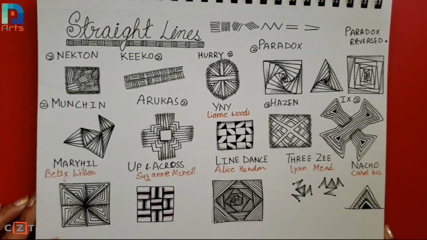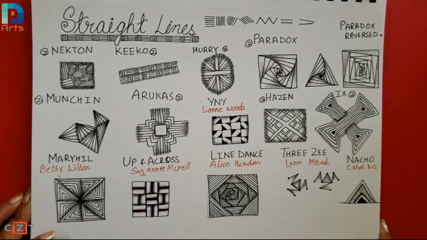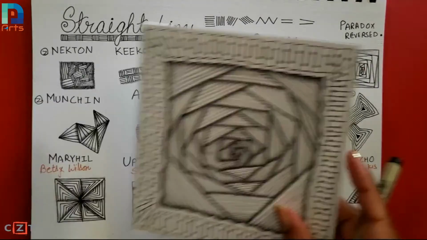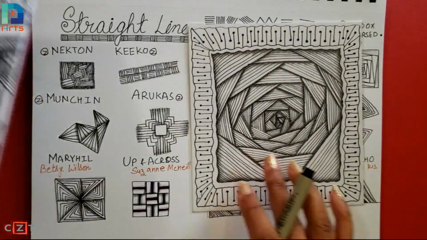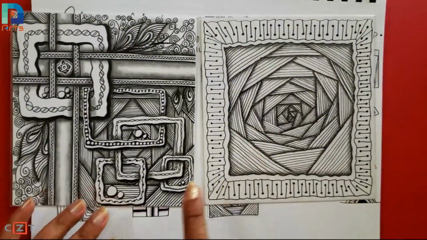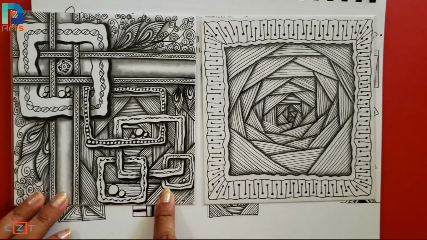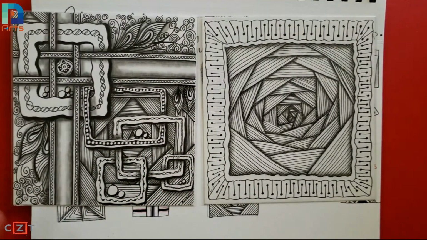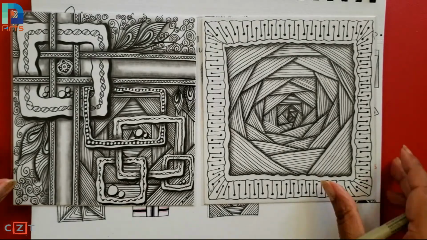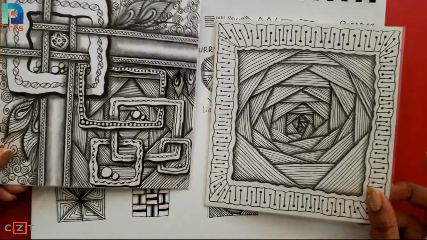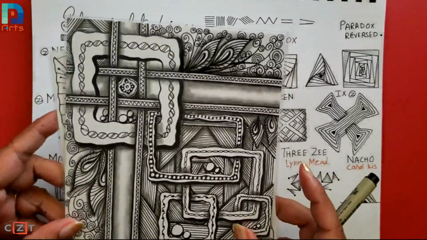New favorite, line dance. Okay, Roberta, line dance is your new favorite. And I have shown you that line dance has lots of scope to use. Here it's the main focus tangle. Here I have used it as the filler or texture tangle in the background. So you can choose one tangle in various ways, in a smaller area or a bigger area, to fill.